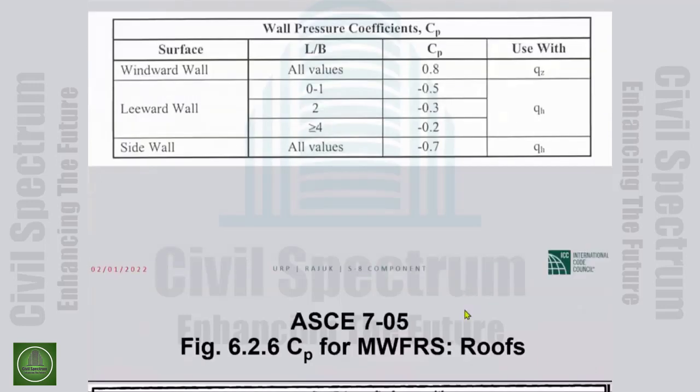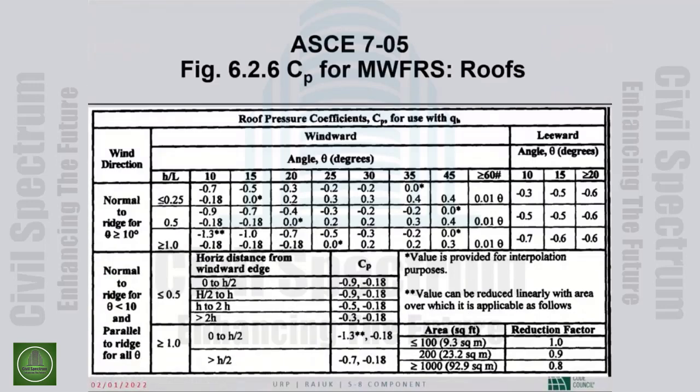Okay. Now the roof is somewhat more complicated. First of all is the wind. So no, first of all is this: normal to ridge, where the roof angle is larger than or equal to 10 degrees, and this is normal to ridge, where the roof angle is less than 10 degrees, or parallel to ridge.